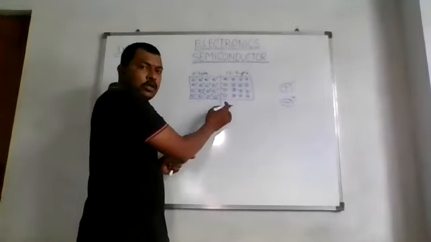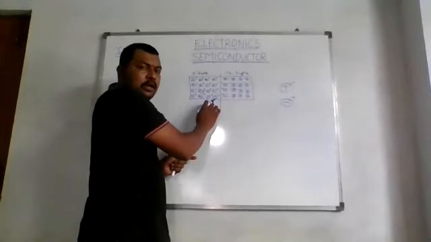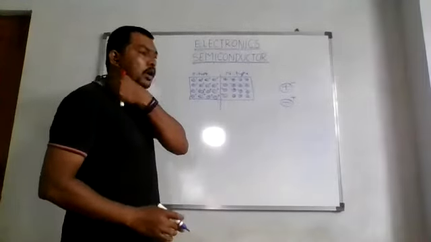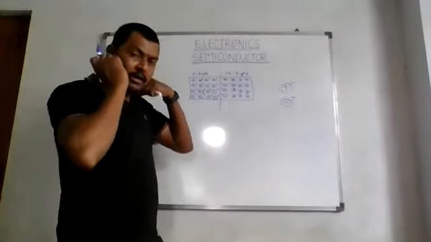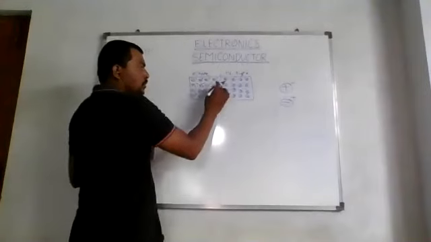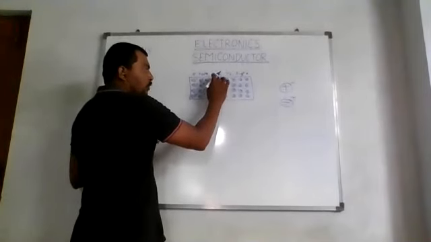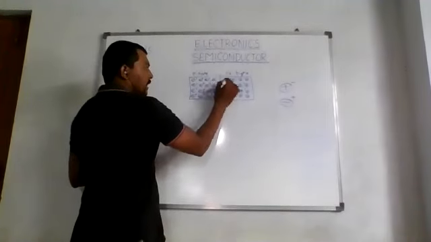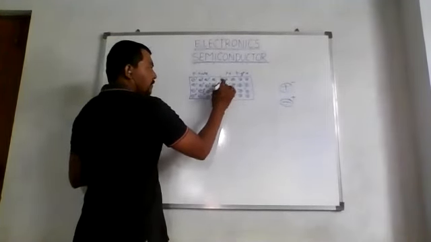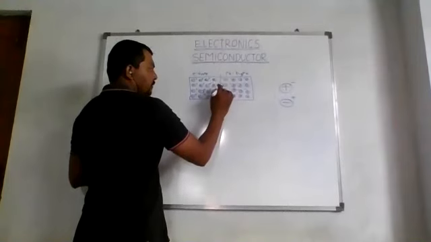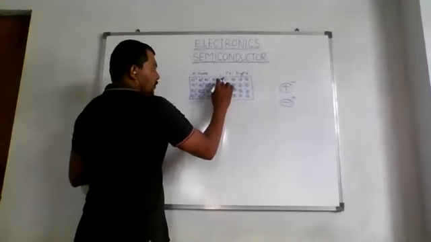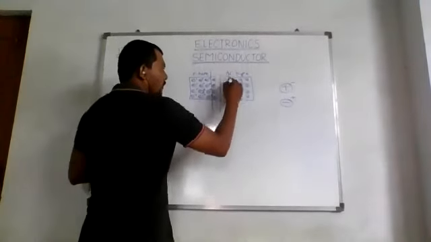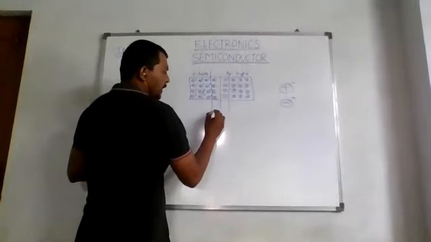These excess electrons will jump over here, and the nearby layer will form a neutral portion. This electron will jump from here to here, and this will become positive, and similarly this will become negative. So this hole will form a neutral portion, right?